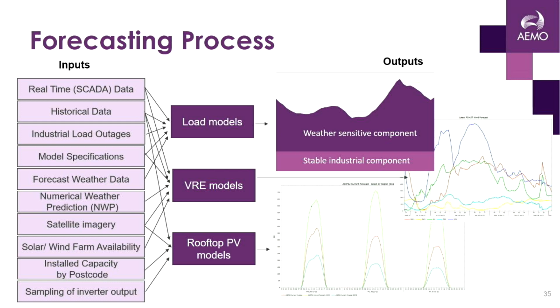And we take those in from a number of vendors in a number of formats, both point forecasts, numerical gridded forecasts, satellite imagery, and we also have a direct sample of a statistically significant number of rooftop PV systems around the country, which we use to estimate the overall 3 million systems on people's roofs.